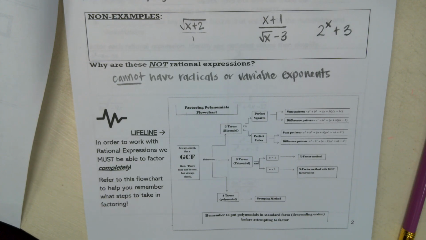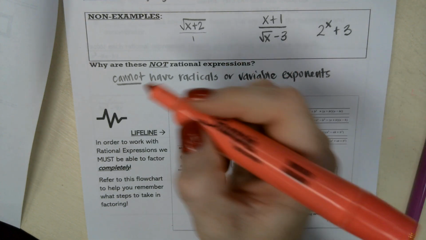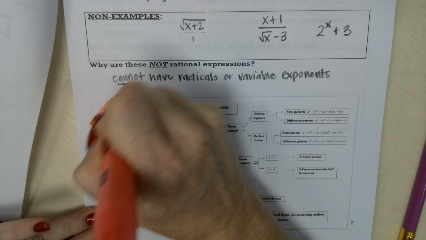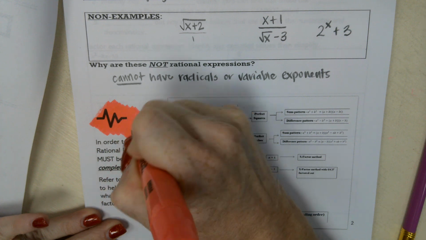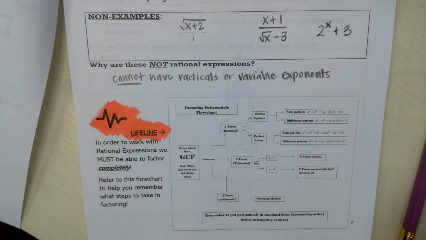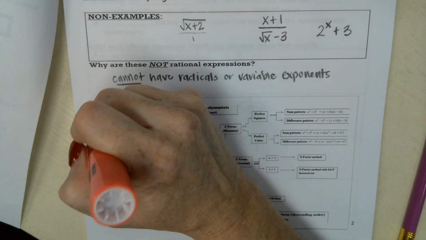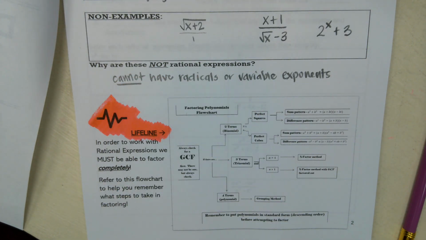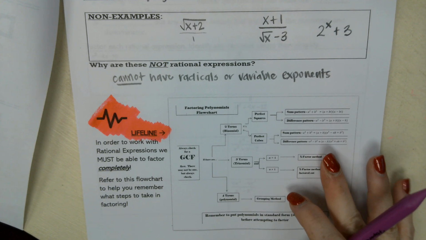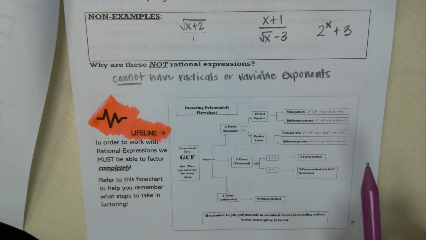To work with rational expressions, being able to factor is our lifeline right here. This is critical. We have to be able to factor something completely. This is so important. So I gave you this flow chart again just as a reference tool.